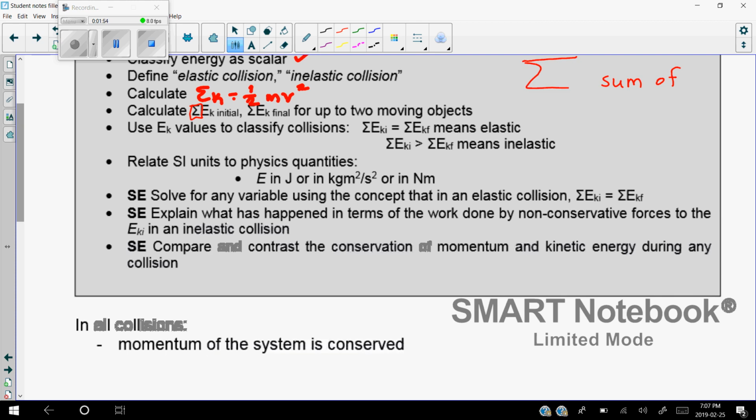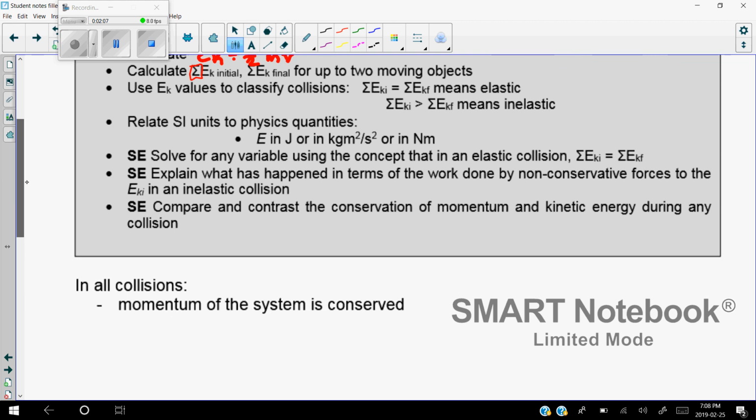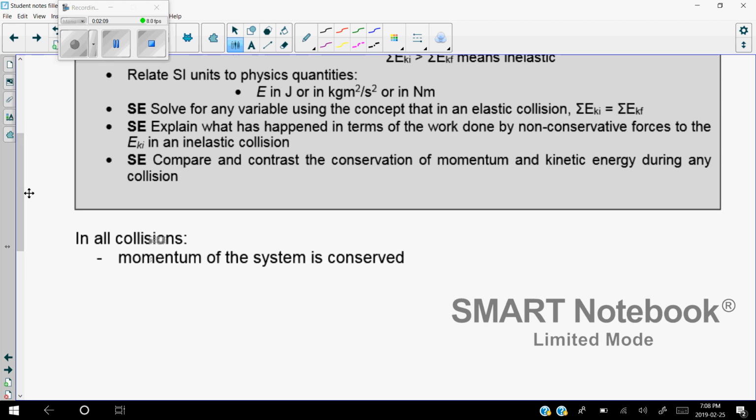And then it says use kinetic energy to classify collisions as either elastic or inelastic and relate SI units to physics quantities. And then there's some standard of excellences here. Solve for any variable using the concept that an elastic collision is where your initial kinetic energy is equal to your final kinetic energy.